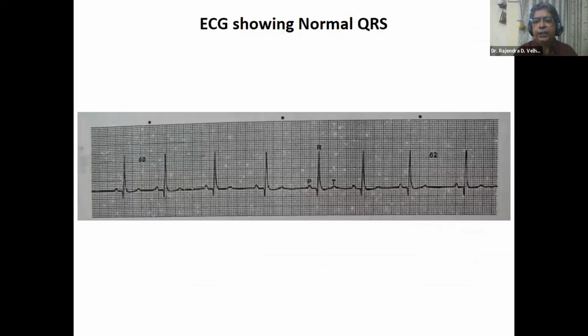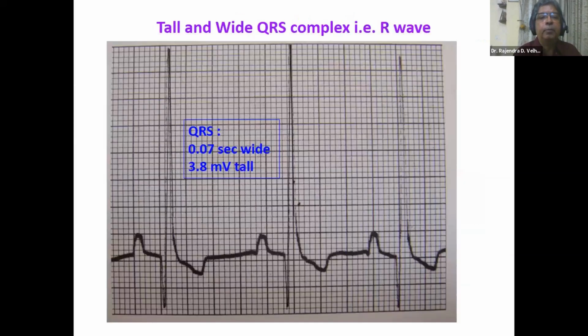Now, this is an ECG showing you normal QRS complexes of normal size and normal amplitude. Now, if you see this QRS complex, the width is 3.5 blocks, that is 0.07 seconds, and the amplitude is 3.8 millivolt.